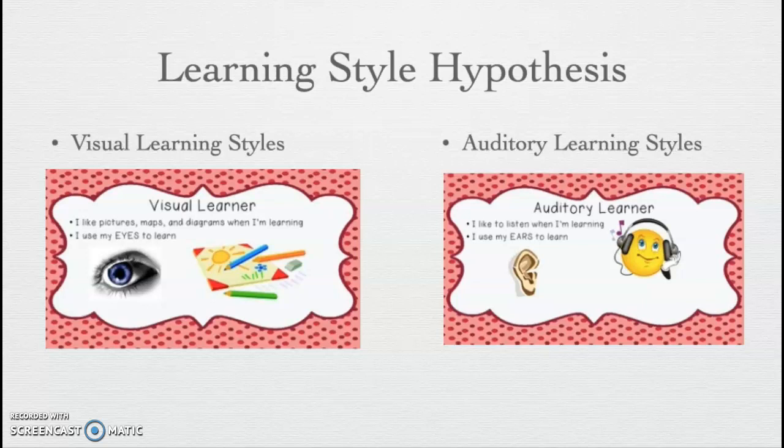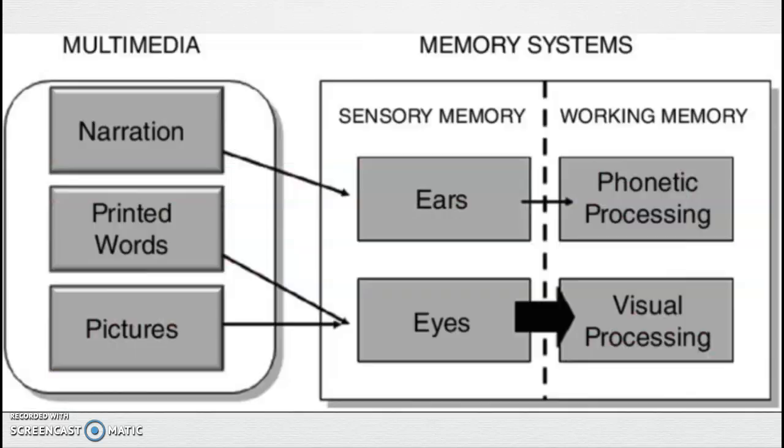So now this brings us to try and see how things would be presented if it were just narration and animation. The animation would enter through the eyes and be processed in the visual channel, and the narration enters through the ears and is processed through the auditory channel.